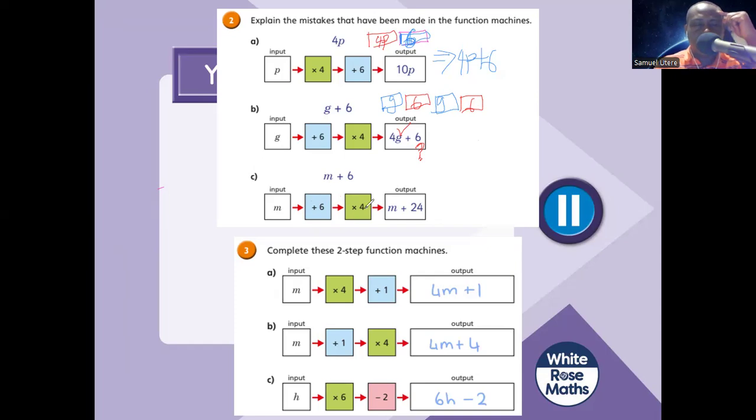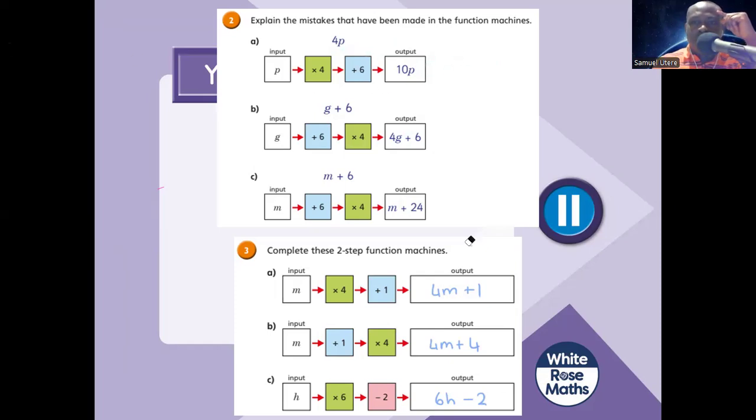M plus 6 is fine, but when we do 4 lots of that, it's going to be 4m. Okay, so the number is right, but the term which contains m is wrong. I hope you recall that and you're really taking note of using these correct algebra principles and concepts.